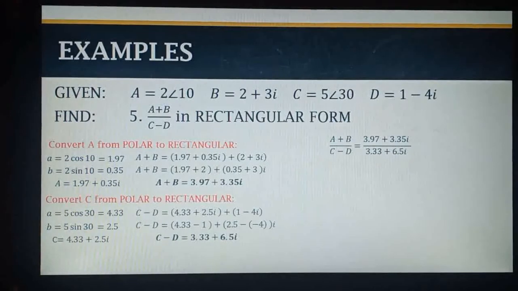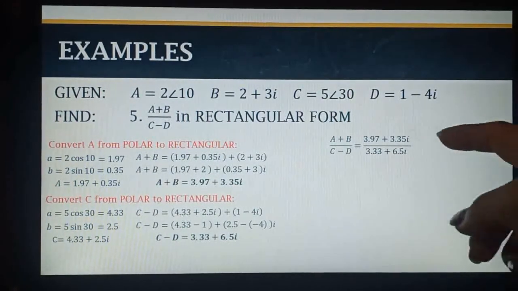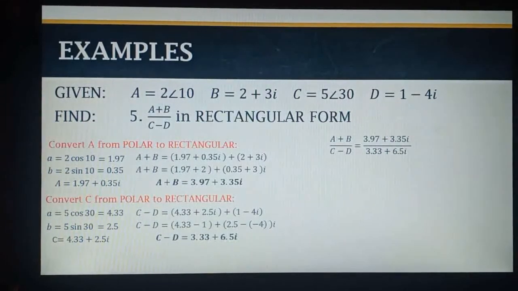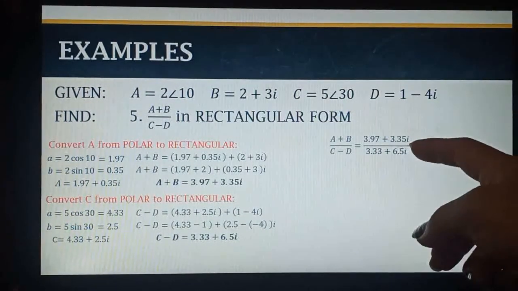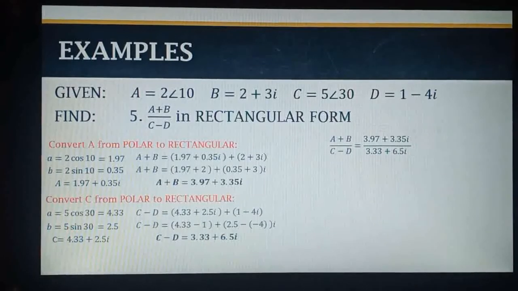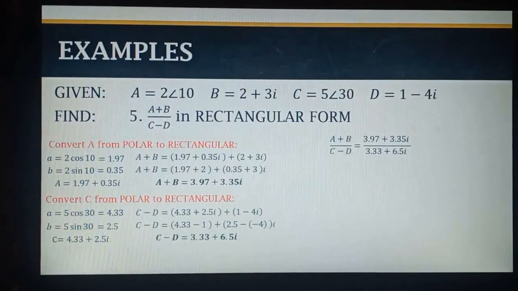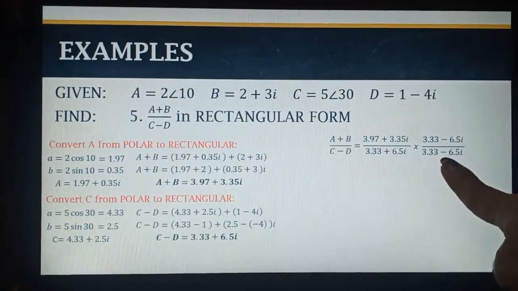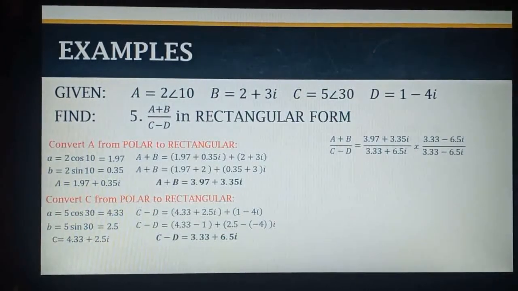So ang sabi ko kanina, para ma-simplify yung equation, all you have to do is to get yung conjugate ni denominator. Since that is plus, all you have to do is to change it to negative. Then kung ano yung denominator mo, yun din yung numerator mo.